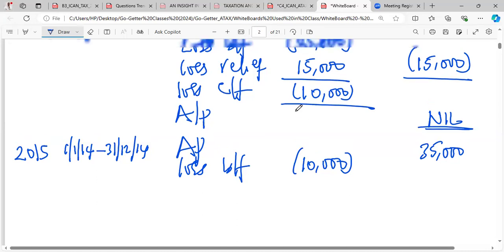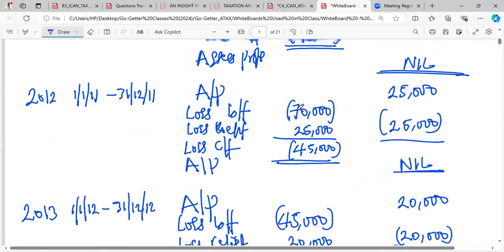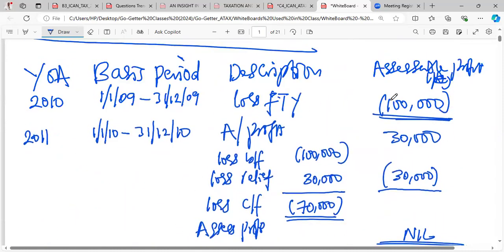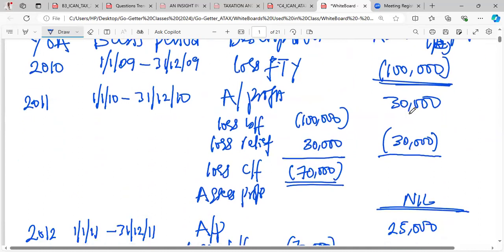So if you look at this logic here I was using before, I would change the logic now. You have a profit of 30,000 and you have a loss of 100,000.